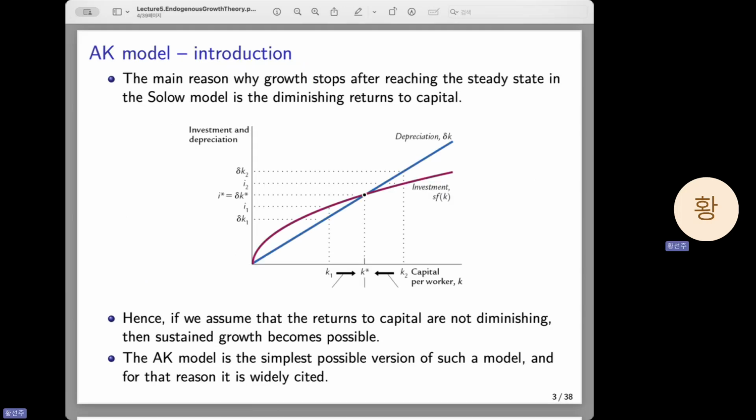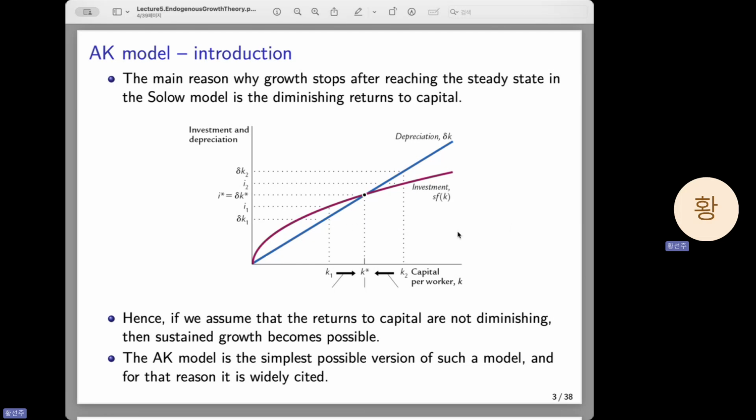Okay, let's begin with the AK model. In the Solow model, growth eventually stops because of diminishing returns to capital. So let's look at this figure to understand why.